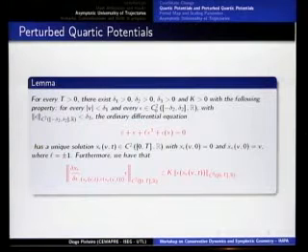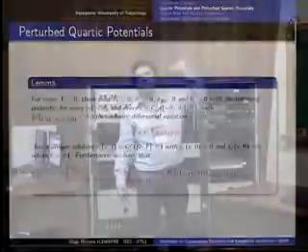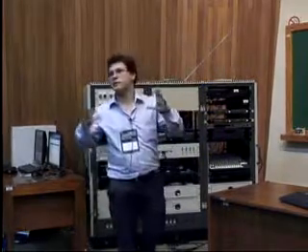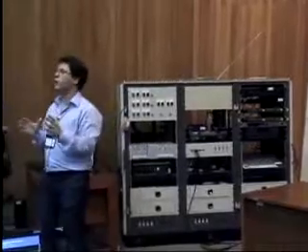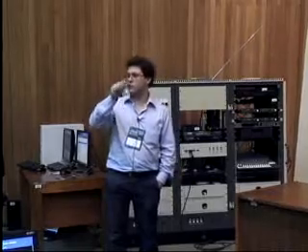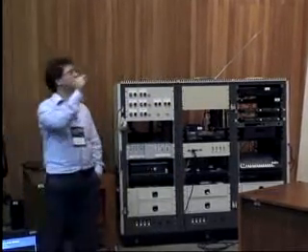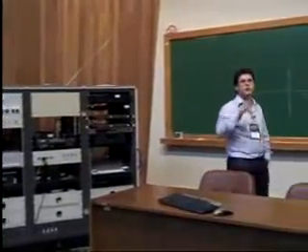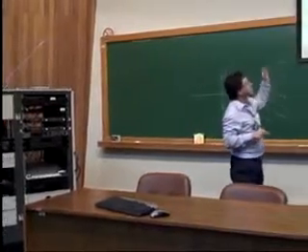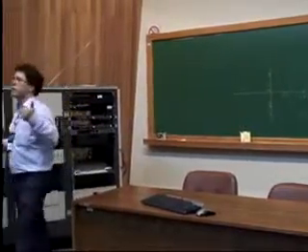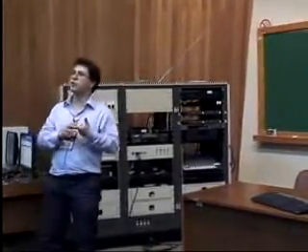We prove that for every positive time t, there exist positive constants delta 1, delta 2, delta 3, such that for every initial velocity v which is small enough, and every epsilon, which is a C2 function that is 0 at 0 and small enough, the ordinary differential equation, the perturbed Euler-Lagrange differential equation, has a unique solution x epsilon, which is C2, and it has initial values 0 and v.